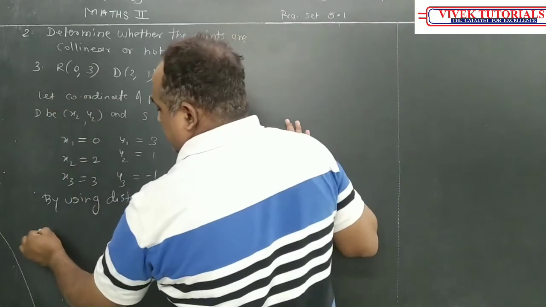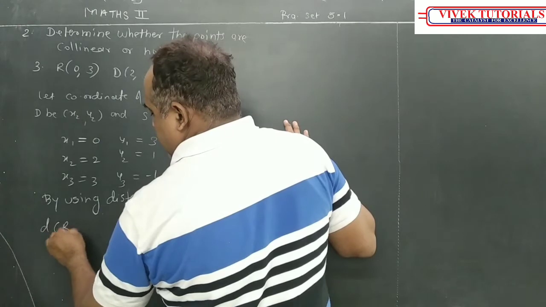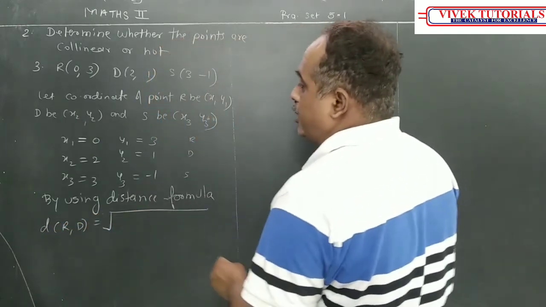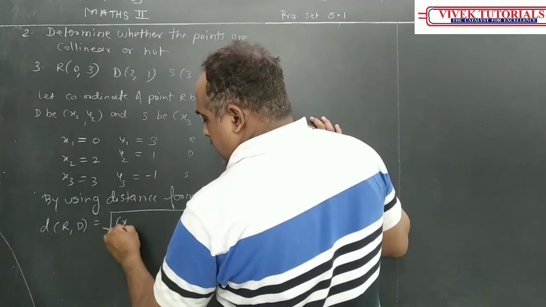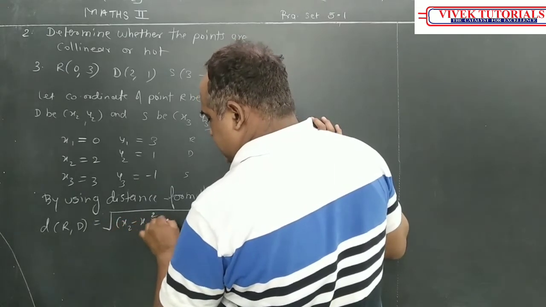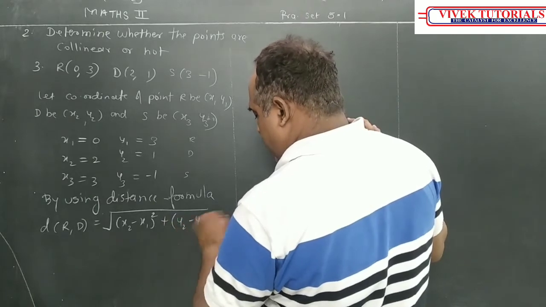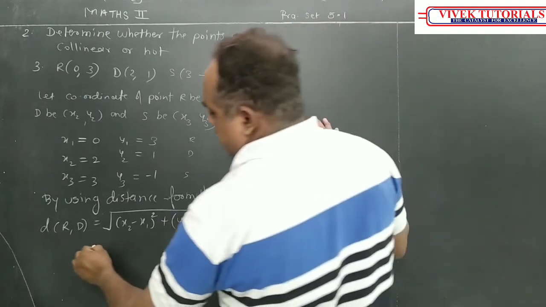First we'll find the distance RD, which is equal to the square root of (x2 minus x1) the whole square plus (y2 minus y1) the whole square.